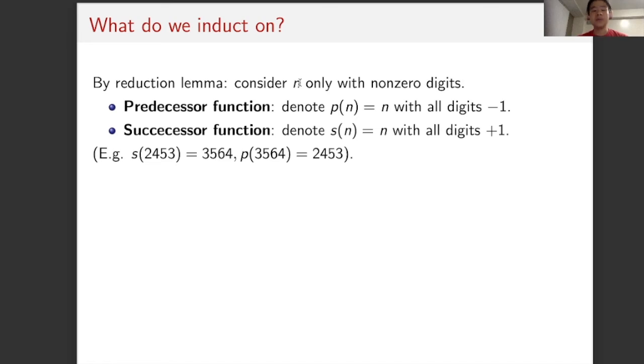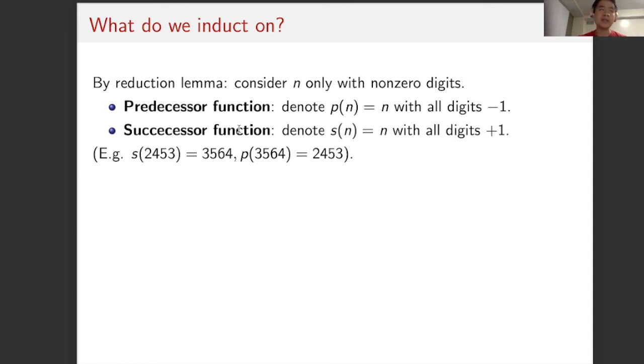That means that we can define this thing called the predecessor function. So let's say if n only has non-zero digits, then you can consider its predecessor, as in all the digits reduced by one, and of course the successor function of the smaller class.